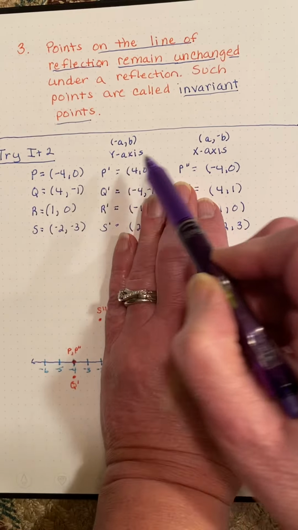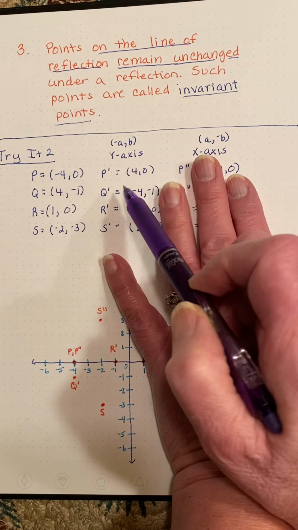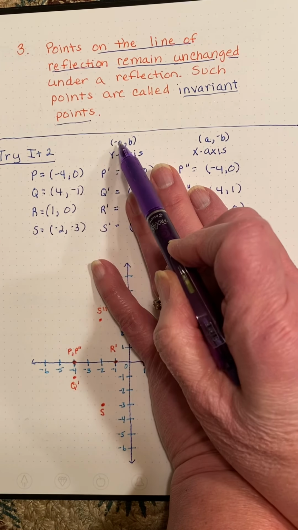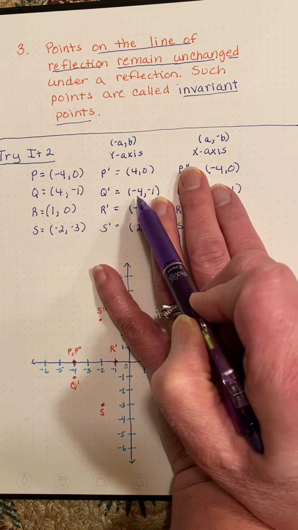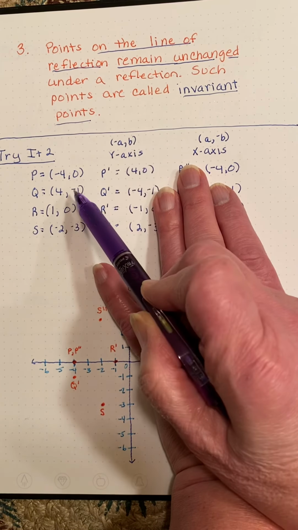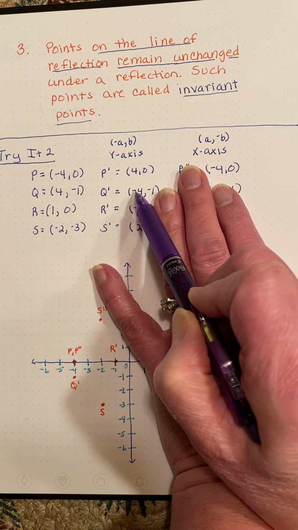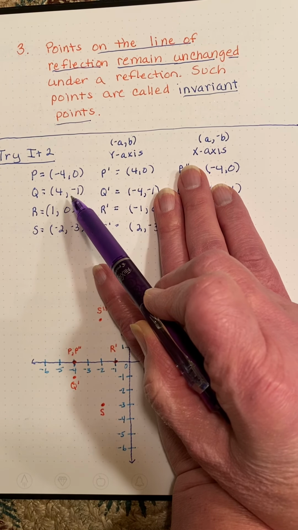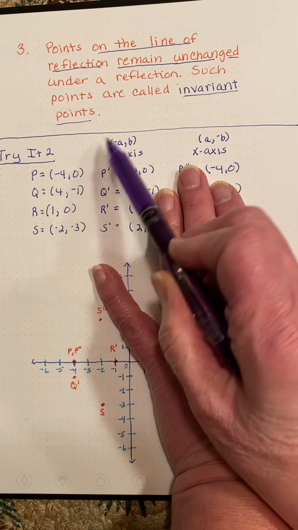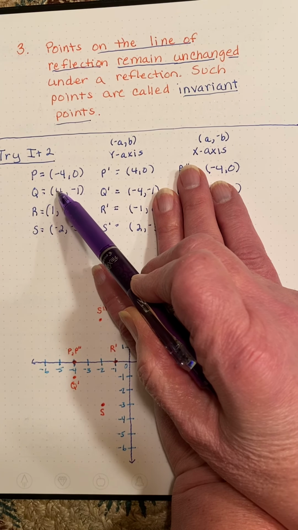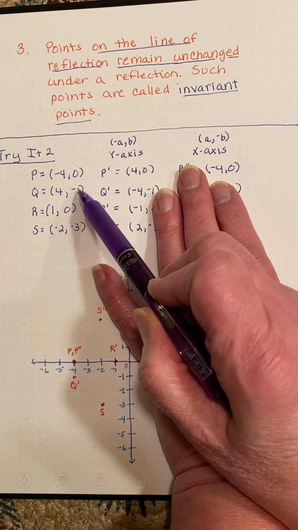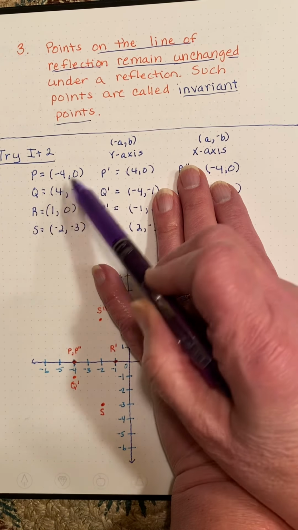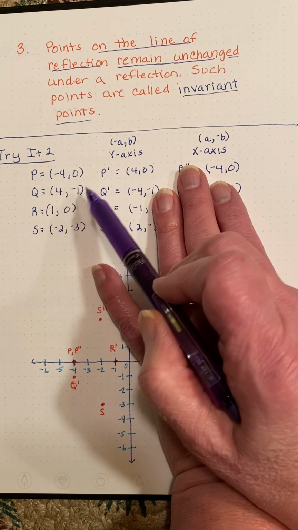Now doing the same for the other points on the y-axis, a negative and a positive make a negative, and a positive and a negative make a negative. So I have negative 4, negative 1. So I'm just going to put a negative value with this part of the coordinate pair, and I'm going to put a positive value with this, and I'm going to kind of multiply and see what happens.